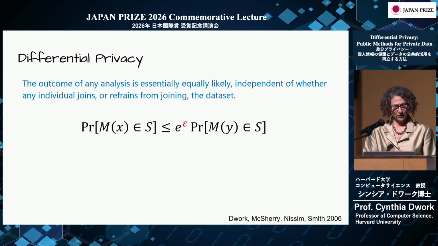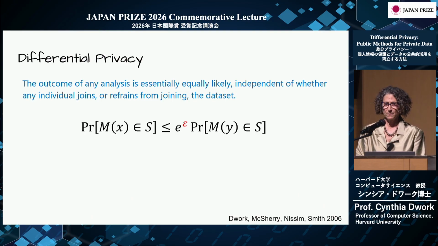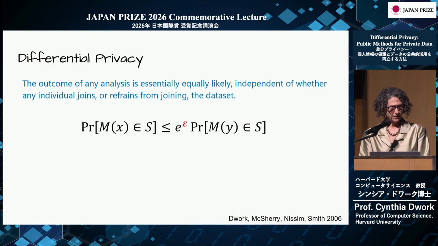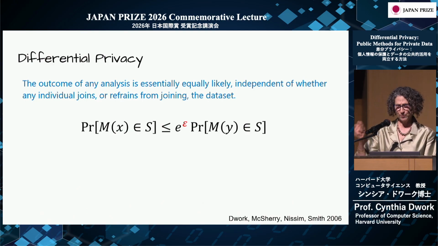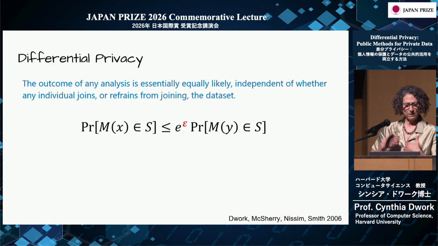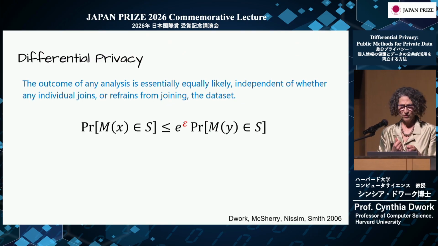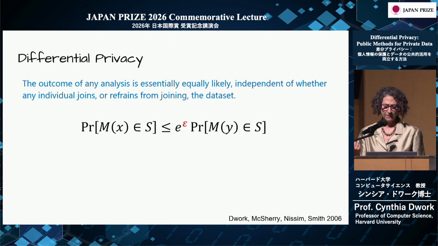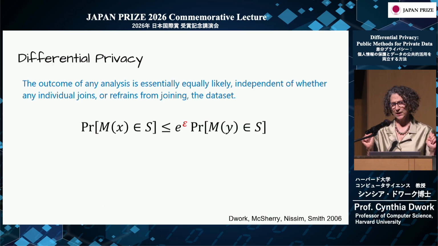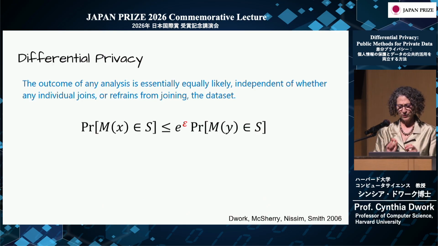And what this says is that the probability of observing any particular event is essentially equally likely, where the randomness is introduced by the algorithm, whether the data set is X or an adjacent Y. And essentially equally likely here is measured by this term e to the epsilon. Epsilon is a privacy parameter.